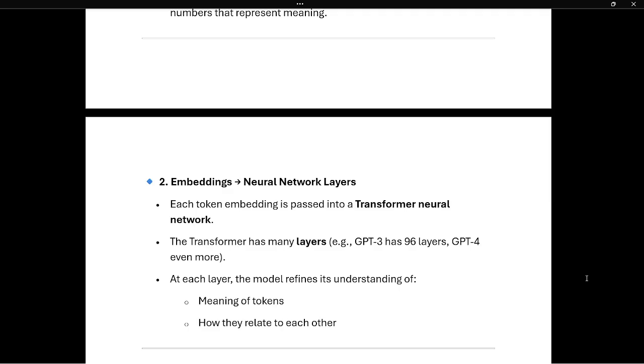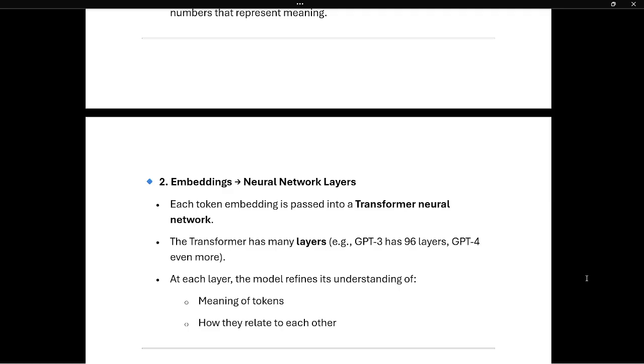Each token embedding is passed into a transformer neural network, and the transformer has many layers. As we know, GPT-3 has 96 layers, GPT-4 has more, and upcoming GPTs will have many more layers. More layers means more training. At each layer, the model refines its understanding of the meaning of tokens and how they relate to each other.